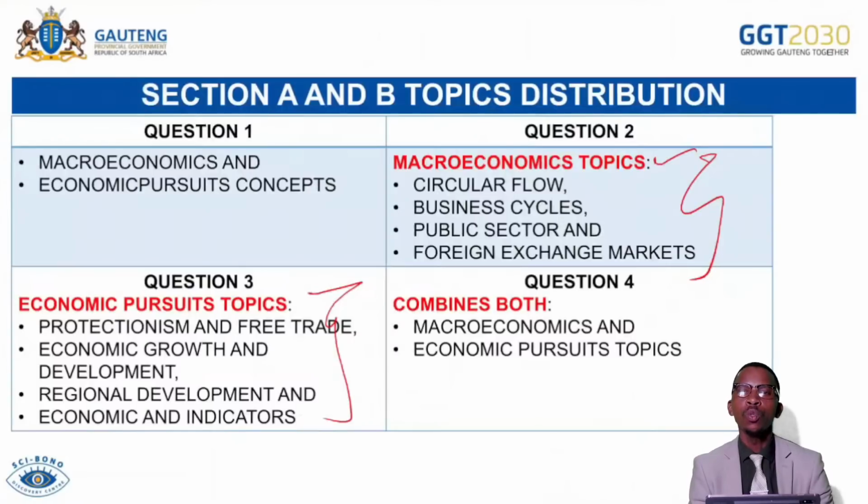Then, if you want to answer question 4, it is very important for you to know that question 4 is a combination of both macroeconomics and economic pursuits. So should you want to take on question 4, then be ready to answer in both main topics, macroeconomics and economic pursuits.